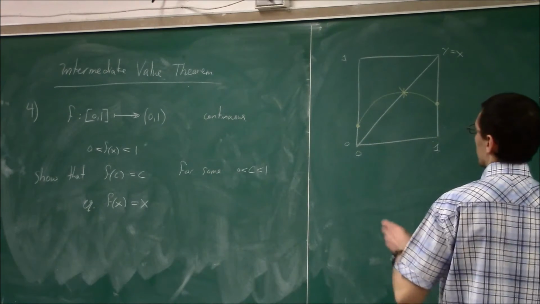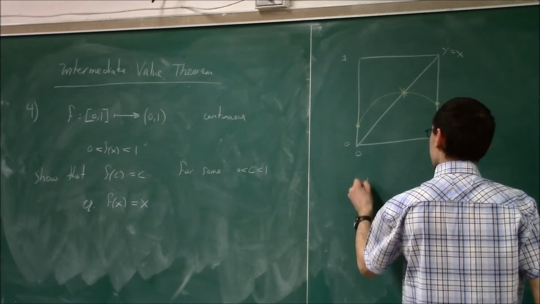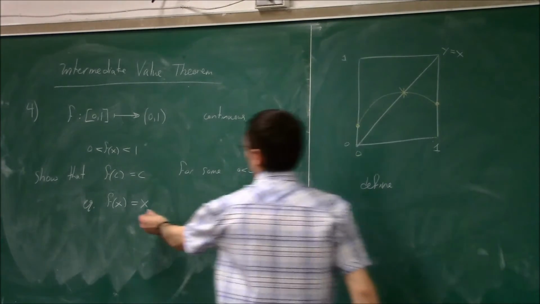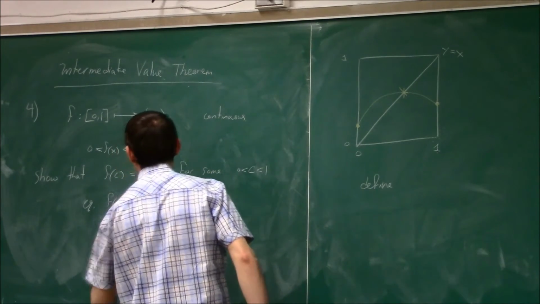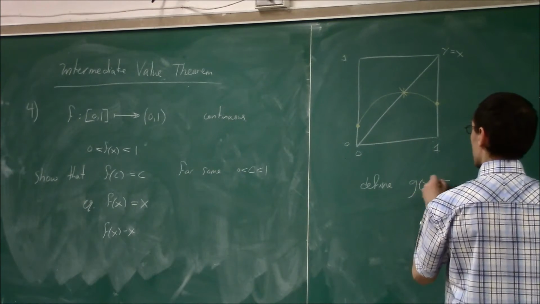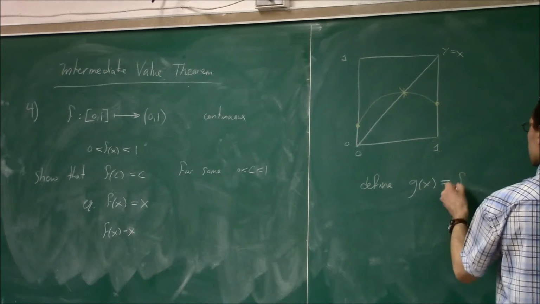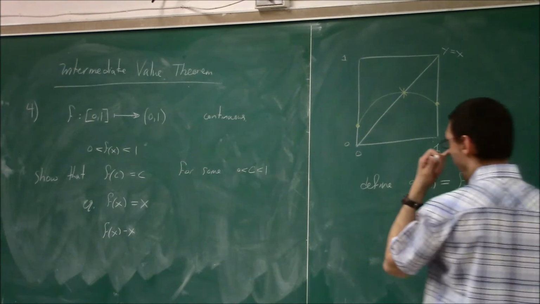So how do we use the intermediate value theorem to prove it? What we can do is, as before, we move everything to one side. We move the equation and write f of x minus x. So we define g of x equal to f of x minus x.